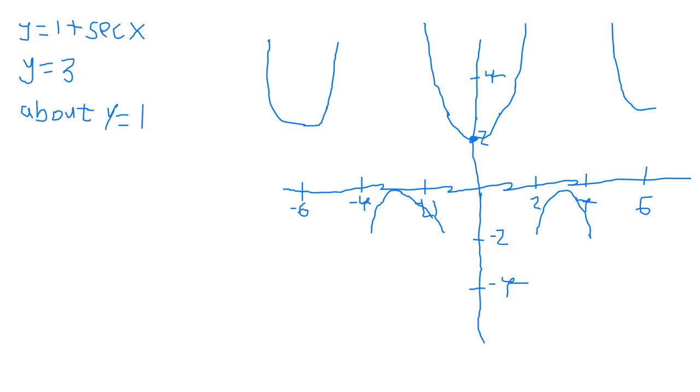So it looks something like that, and then what you do is you would draw our lines. So we have your y equals 1 and y equals 3, at 1 right over here and at 3. And we know that it's about, so for 1 it would be dashed.